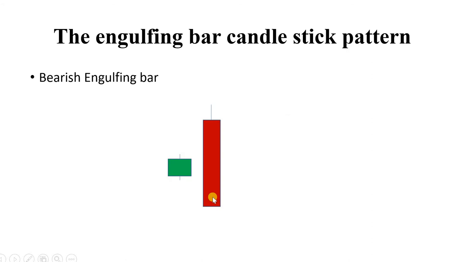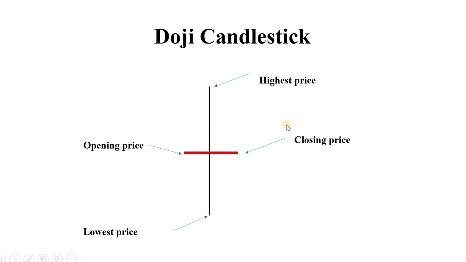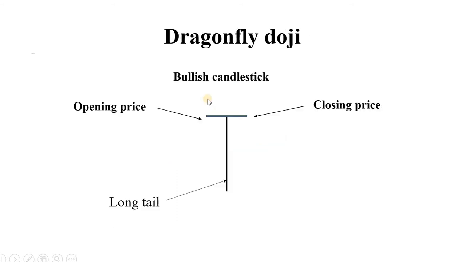We have the engulfing bar candlestick, the bullish engulfing bar, and we also learned about the doji candlestick and its characteristics. We learned about the dragonfly doji, which looks like this. All this has meaning.